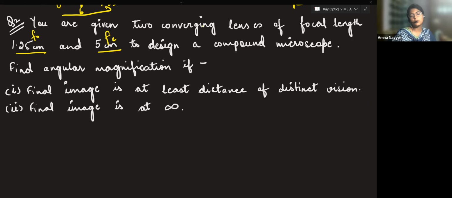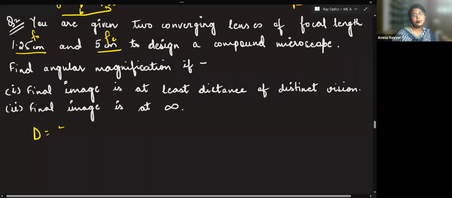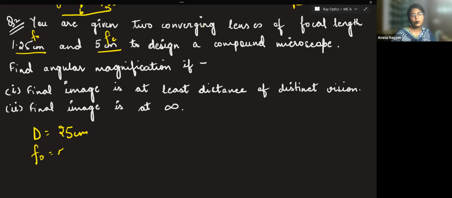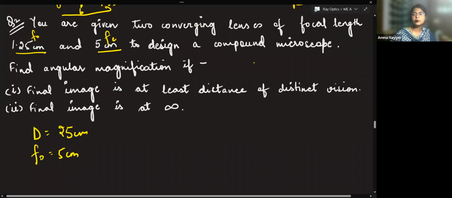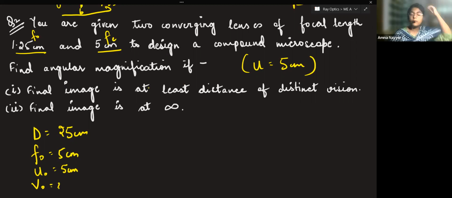See, for this question, least distance of distinct vision will already be 25 centimeters. f e is given to you as 5 centimeters. u naught, I have not written, object distance. Object distance is 5 centimeters. This is a part of the question only. u naught will be 5 centimeters. v naught is not there. How will we calculate the magnification? Because without v naught, you cannot use the formula for the magnification.